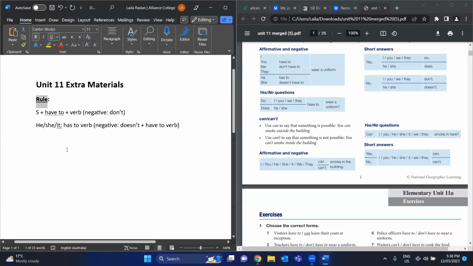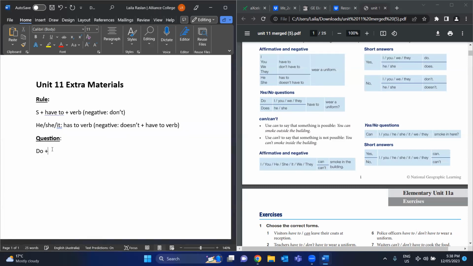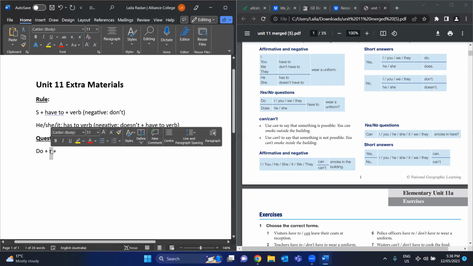So going back to what I was saying, when we have a question, we use the verb, so do, but for he, she, it, I might separate that. So for the question, do, subject. You see how the subject is the second part.